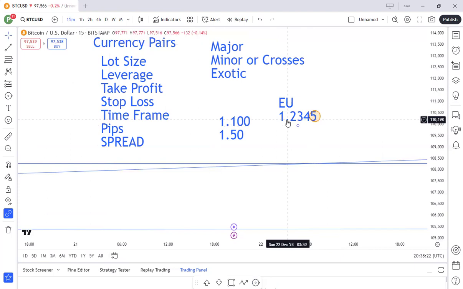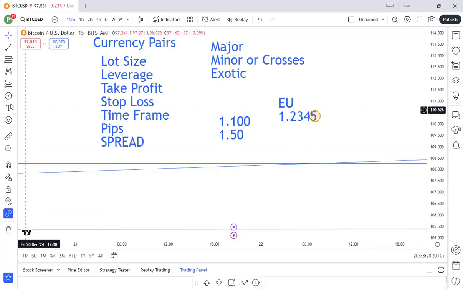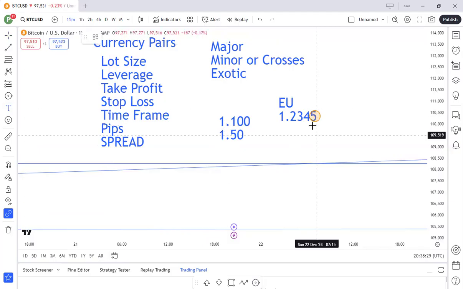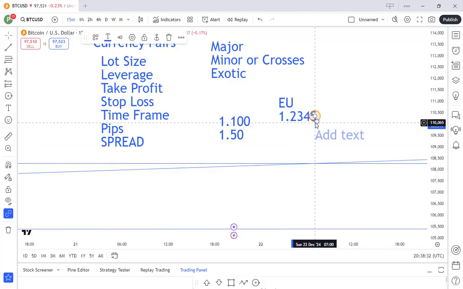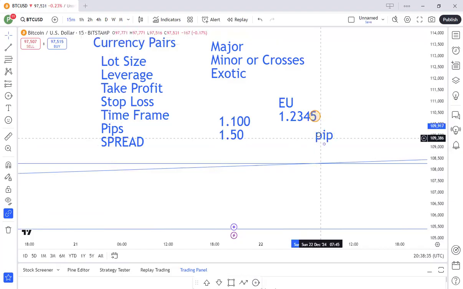After the decimal point, you count 1, 2, 3, 4. So this 5 here is the pip. The 5 is the pip itself.